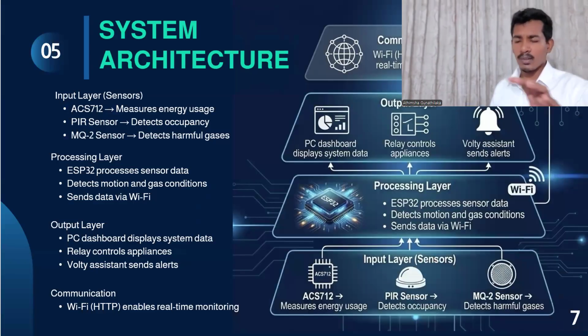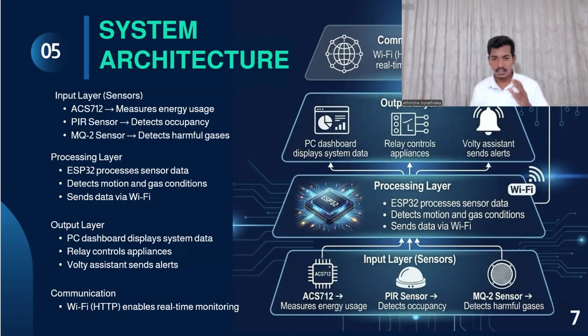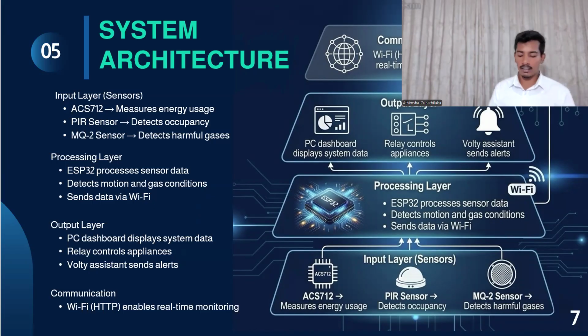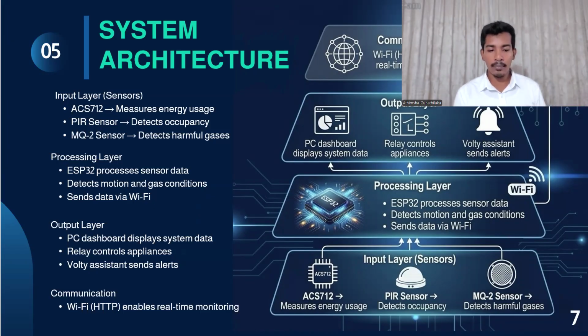So here's how the system is structured. At the base level, we have the input layer, which has 3 sensors. The ACS712, which measures the current flow. And we have a PIR sensor, which detects motion, and an MQ2 sensor, which picks up harmful gases.